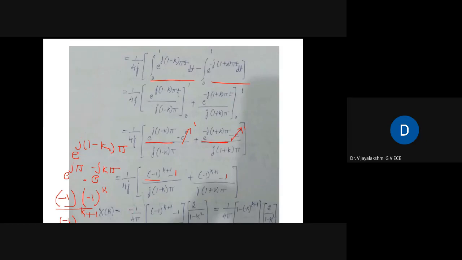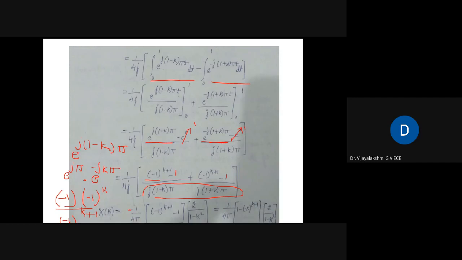So I have minus 1 by 4 pi minus 1 raised to k plus 1 minus 1. And these two, if I take and simplify, the j term is getting cancelled. So I have 2 by 1 minus k square. And further, if I want to remove this negative sign, I can take minus outside from this factor, so the minus sign will get cancelled.